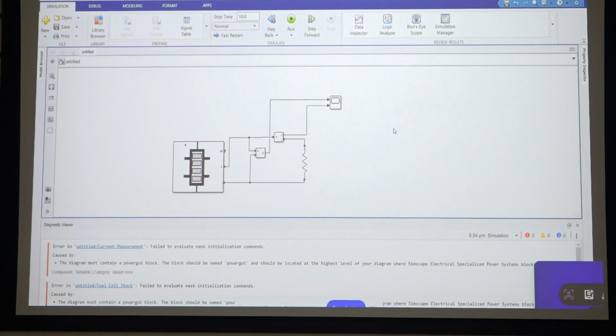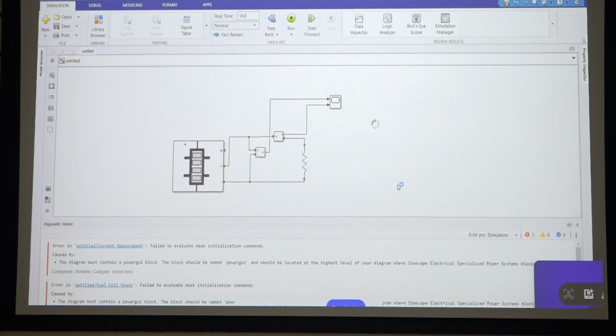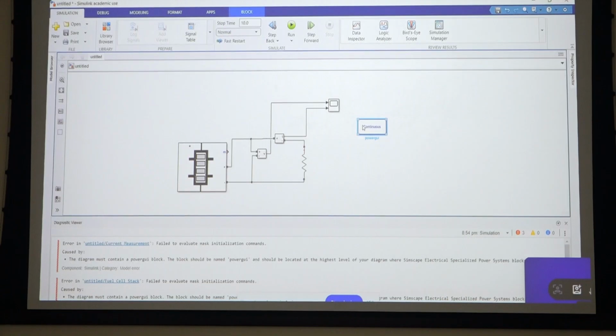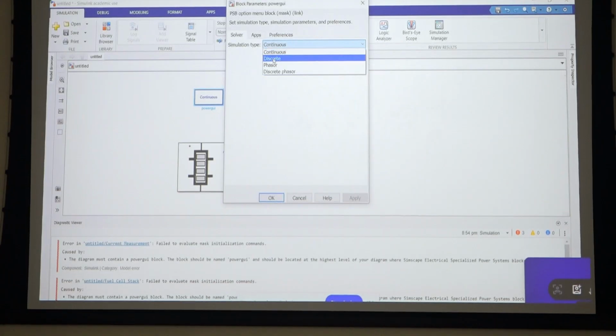If we use any component from this library, we need another component called Power GUI. Here we can see it. We need this one. It has several modes of operation. These are the detailed things. Here we can see four modes of operation: continuous, discrete, phasor, and discrete phasor. We keep this one continuous.